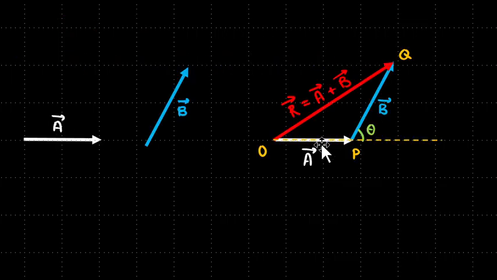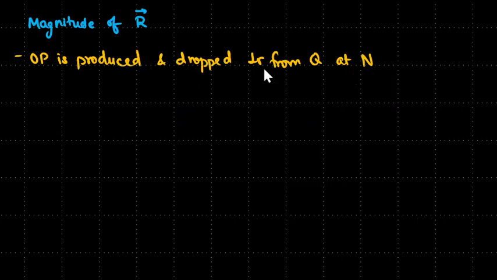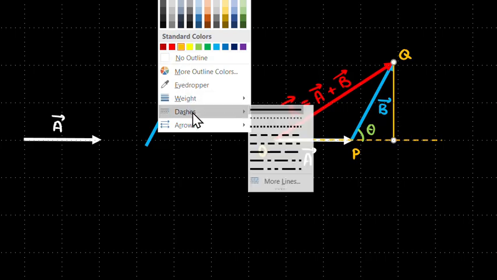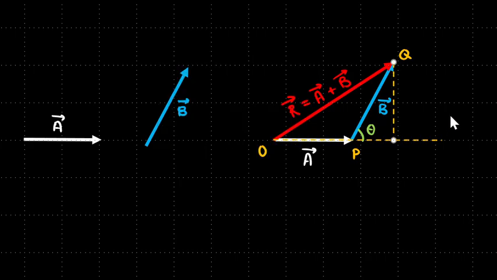So let's go back here. OP was produced. This line that I just showed you, actually I showed you to represent the angle, but this is the line that is being produced. Also, it is written to drop a perpendicular from Q. So from Q, let's drop a perpendicular. Just suppose that this is 90 degrees, even if it might not be.